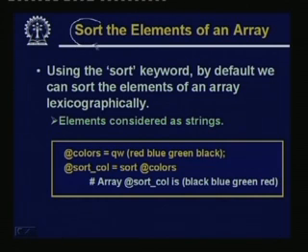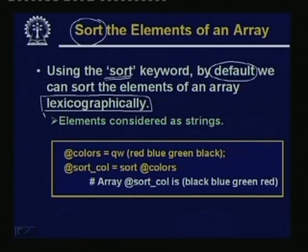Let us start with sorting. PERL provides a very simple mechanism to sort the elements of the array using the sort keyword. The default sorting method is that we can sort the elements lexicographically.